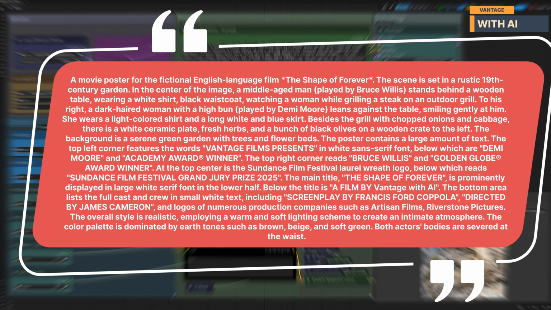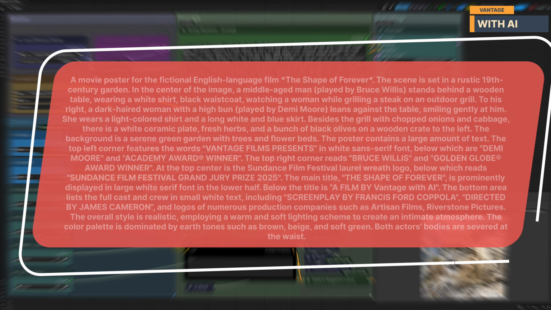The bottom area lists the full cast and crew in small white text, including Screenplay by Francis Ford Coppola, directed by James Cameron, and logos of numerous production companies such as Artisan Films, Riverstone Pictures. The overall style is realistic, employing a warm and soft lighting scheme to create an intimate atmosphere. The color palette is dominated by earth tones such as brown, beige, and soft green. Both actors' bodies are severed at the waist.